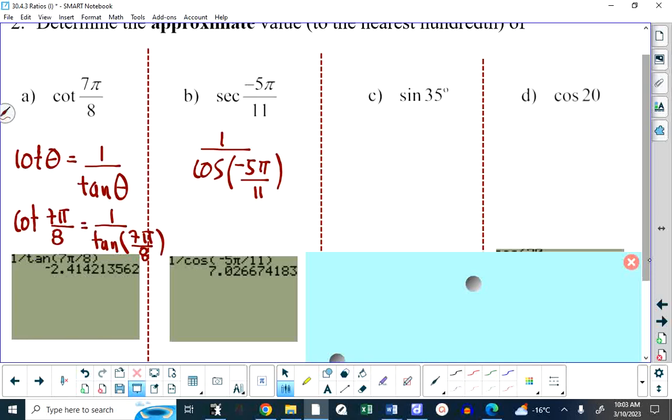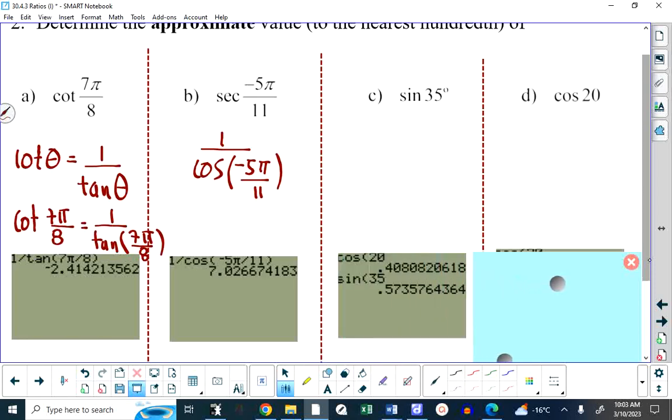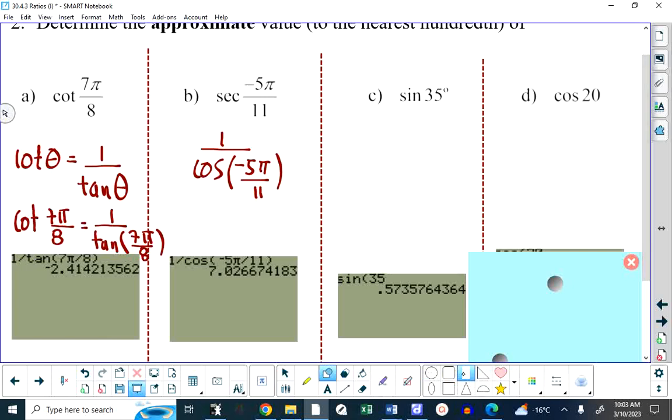Well, sine of 35, it's a grade 10 question. Just put your calculator into degree mode. There's a reason why I'm asking a grade 10 question here, and it might become apparent in a minute. Calculate sine of 35. Sine of 35, you should get 0.573576, yes?